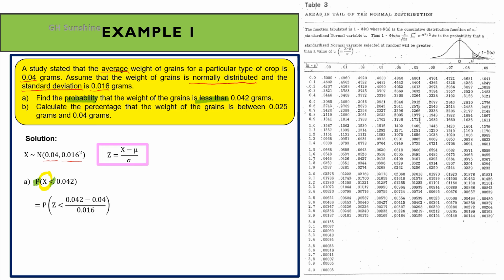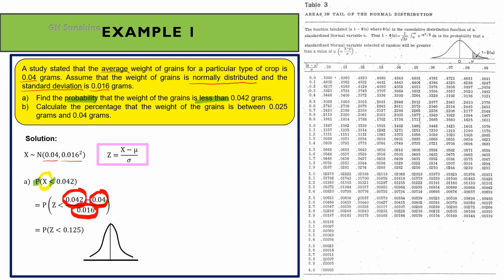Therefore, substitute the X value, mu and also sigma. Calculate. So Z less than 0.125.